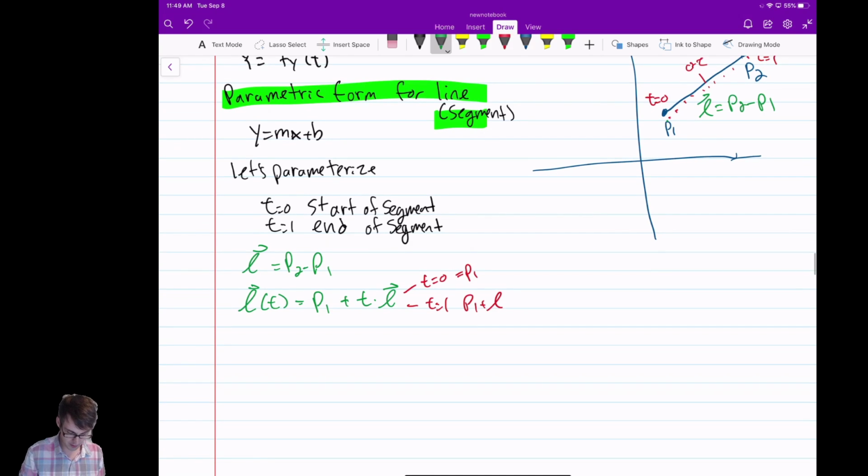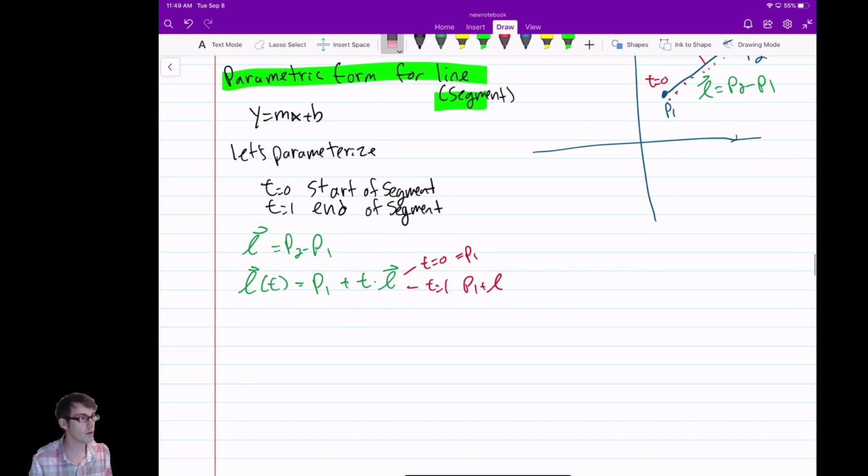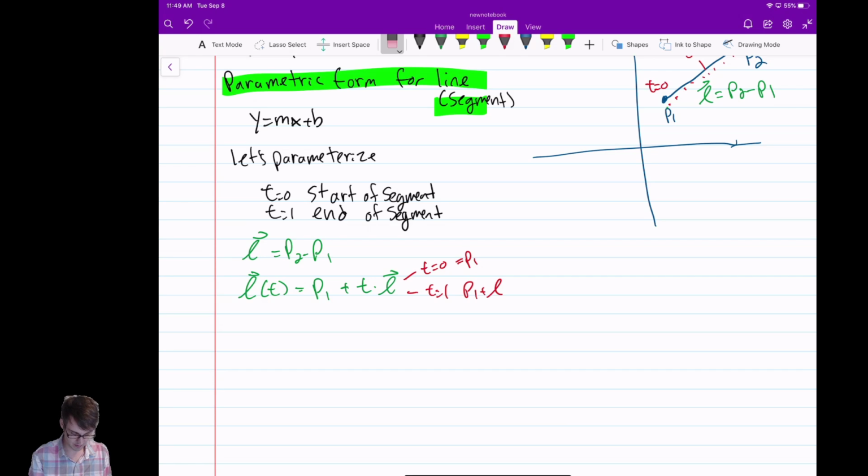Now, if you're not familiar with this vector notation, and like I said, we want two functions, we can break this out of vector notation just by putting the x and the y coordinates correctly. So this equals P1, which is just x1, y1, plus t, a scalar, times L, which is going to be x2 minus x1, comma, y2 minus y1.